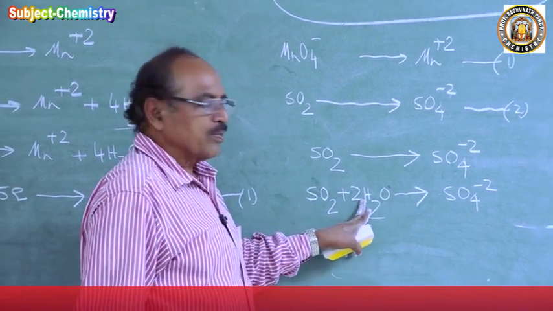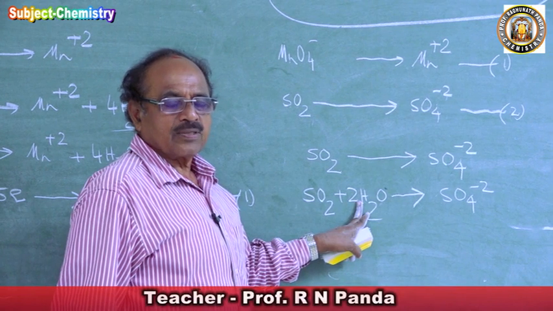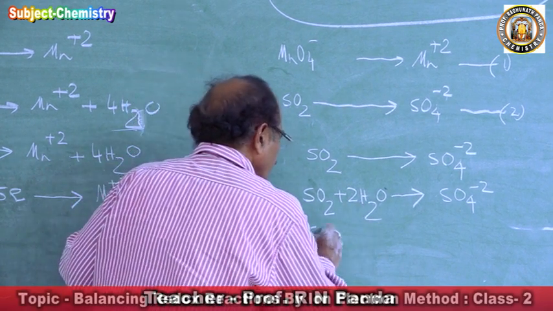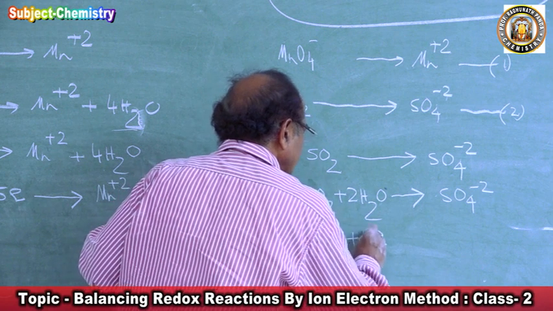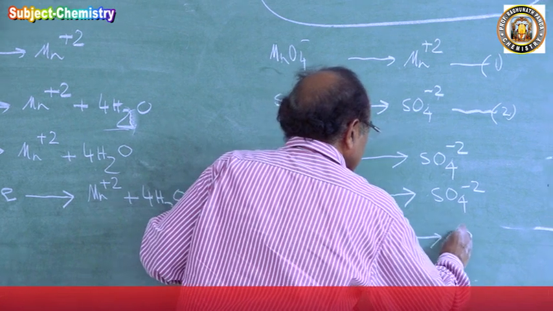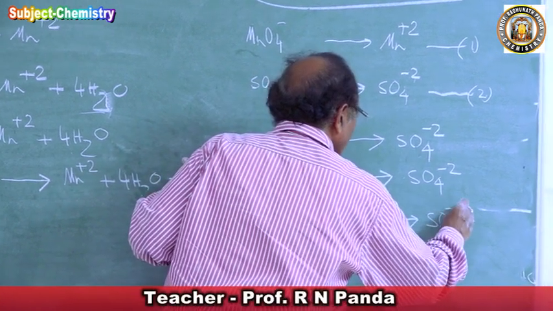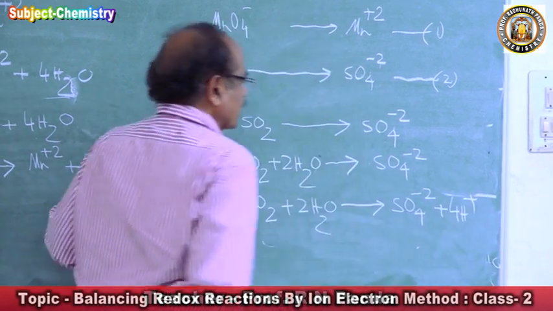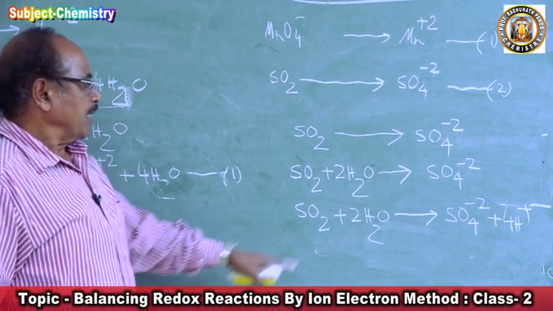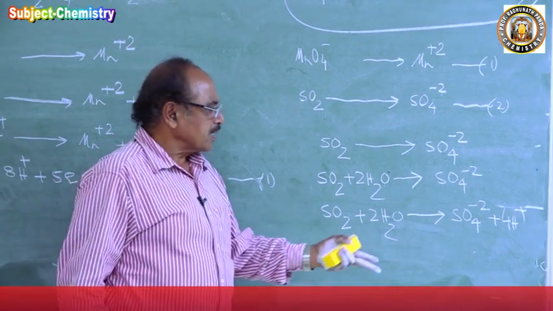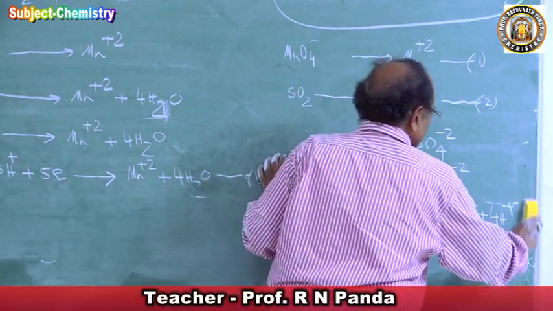But what happened? Hydrogen. Balance the hydrogen atoms by adding hydrogen ions. So SO2 plus 2 water will give SO4 minus 2 plus 4H plus, because 4 hydrogens are here. Now balance the charges by adding electrons.